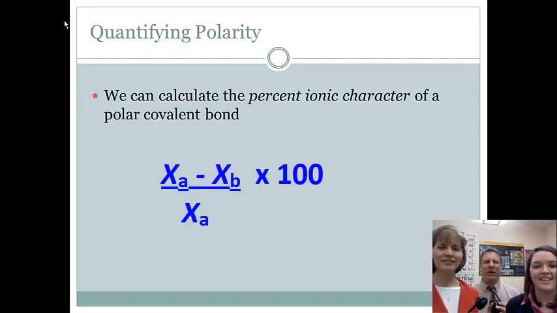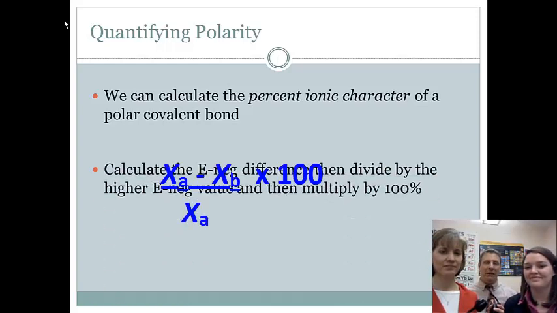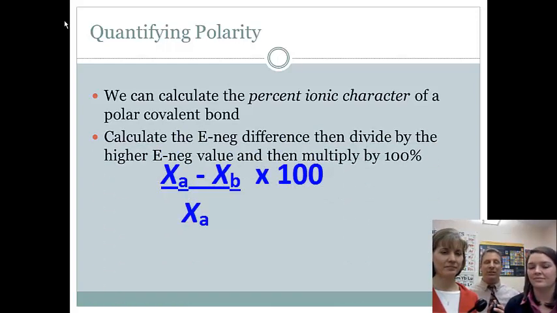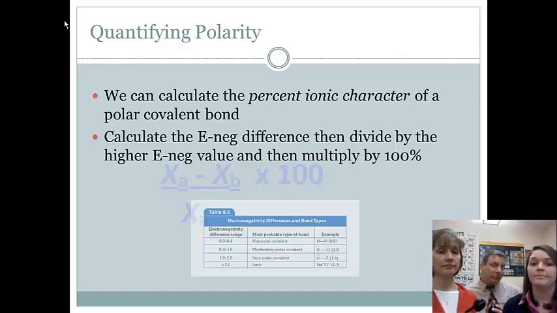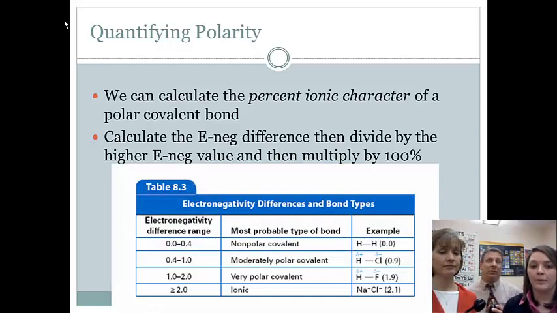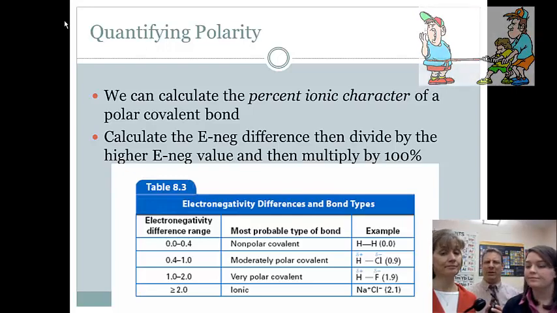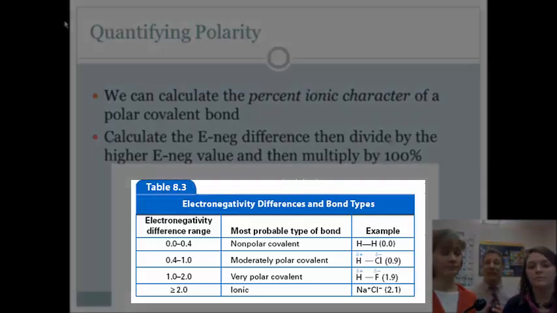Yeah, we're talking about covalent bonds, but if the difference between the electronegativities of the two elements is really, really large, then you're going to have a high percent ionic character. And then it's going to become less and less covalent. Those electrons are going to be shared not very well. They'll be really hogged by one element. If the electronegativity difference is really, really small, then you're going to have a very low percent ionic character.